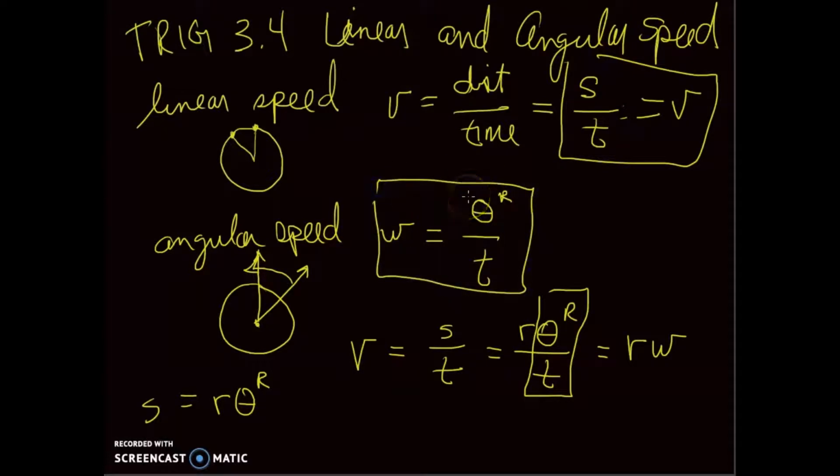Theta can be in radians, but it doesn't have to be. But if it is, then we can say this r omega is the same as linear velocity. And that's sort of helpful. You need to get the angular velocity a certain distance away, and that's what that point is over here. So we need to work some problems that have these formulas involved.